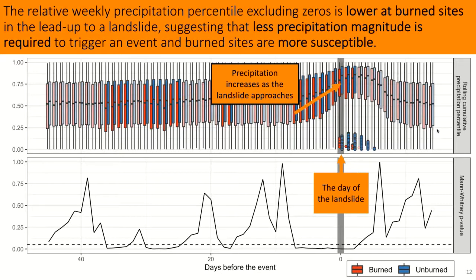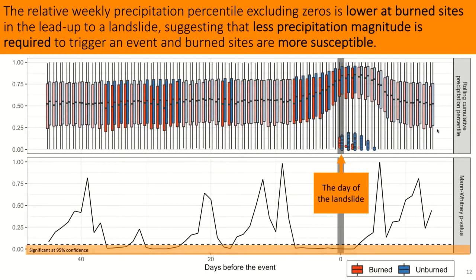some rain happening. But what we also did was to compare the two distributions, the burned and the unburned, at each day, to see if there was any statistically significant difference. We used a Mann-Whitney test for that.